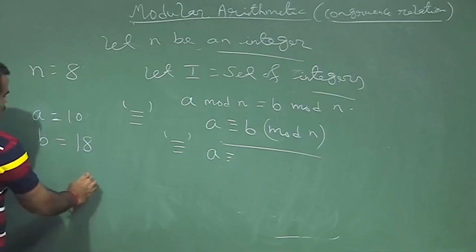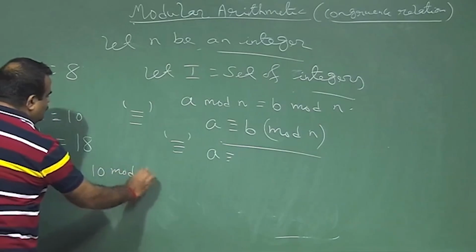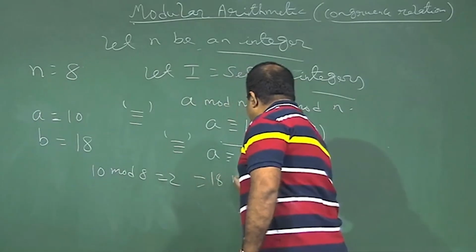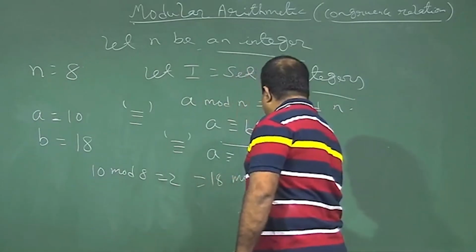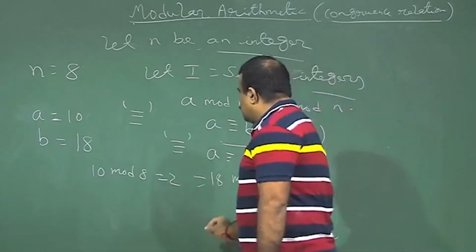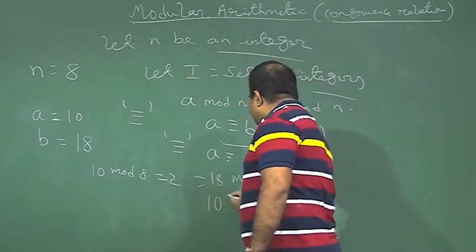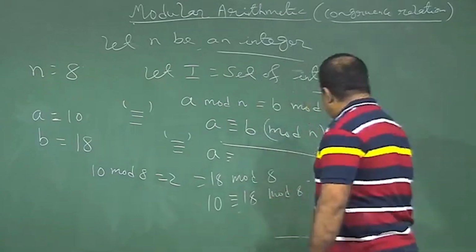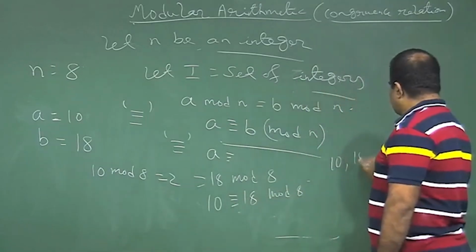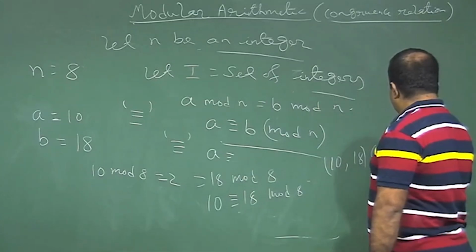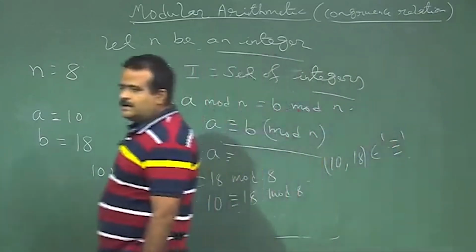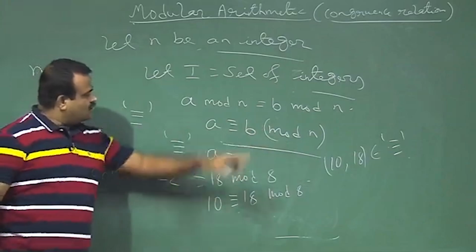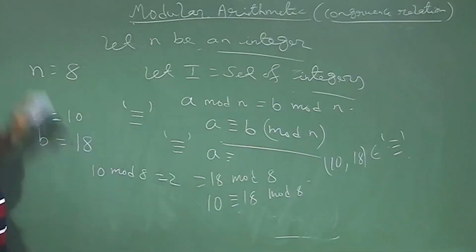Then what is 10 mod 8? It is 2, which is the same as 18 mod 8. So these two are related. This 10 is congruent to 18 mod 8. So 10 and 18 are related under this relation, which is defined as a is congruent to b mod n.